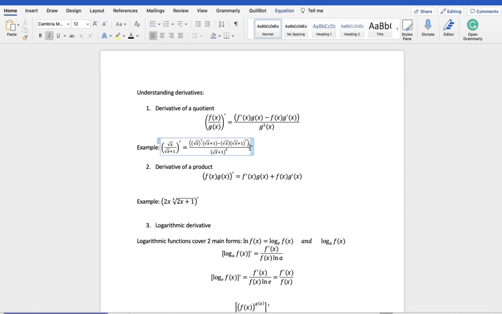Right, so that's how we apply our quotient rule.